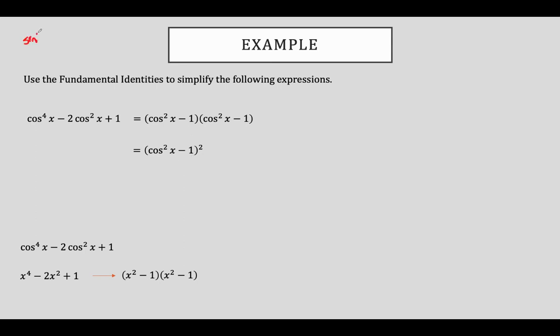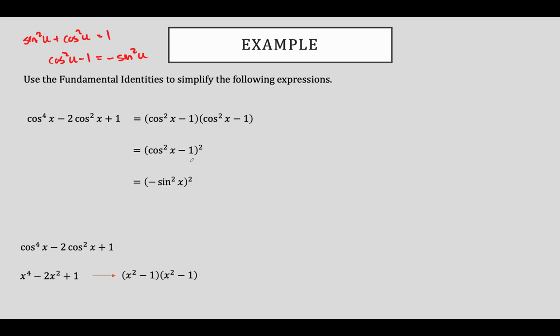Our first one, sine squared u plus cosine squared u is equal to 1. Well, if I subtract 1 from both sides and subtract sine squared u from both sides, I get cosine squared u minus 1 is equal to negative sine squared u. Therefore, I can replace this entire quantity, cosine squared x minus 1, with a negative sine squared x.